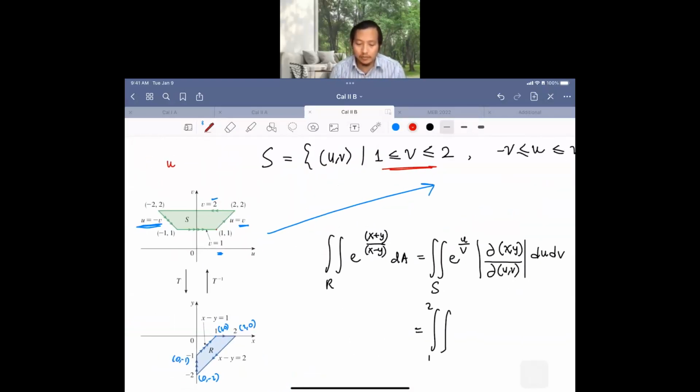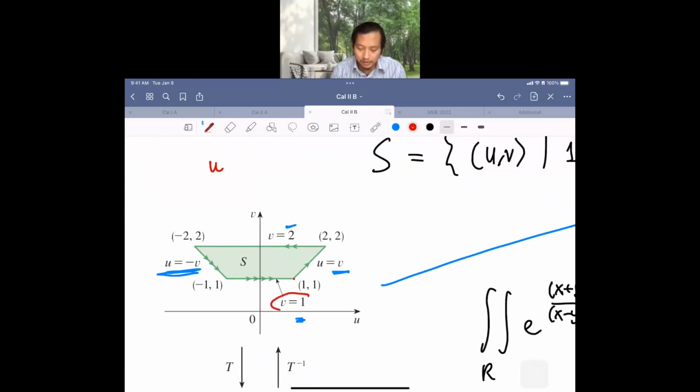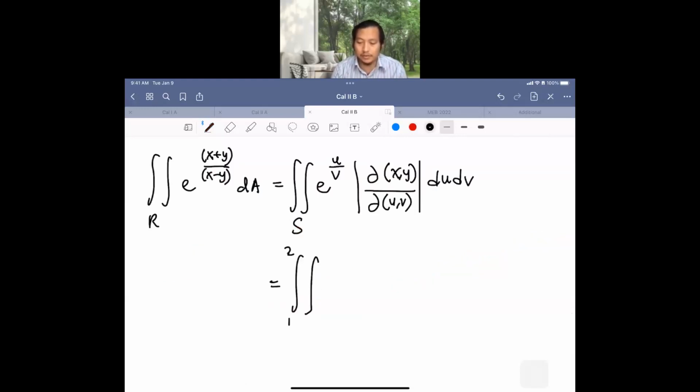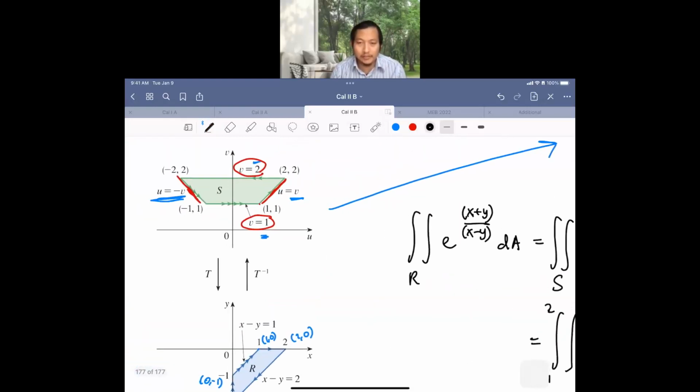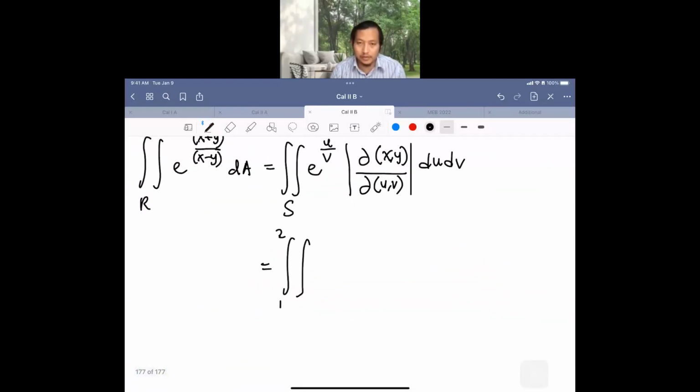So rather than that, we can just use v as our outside integration, and then the inside is based on the functions here, the line equation here. So that's why we have 1 and 2 as outside for phi, and then the line equation is negative phi and phi for u. u is a function of phi.